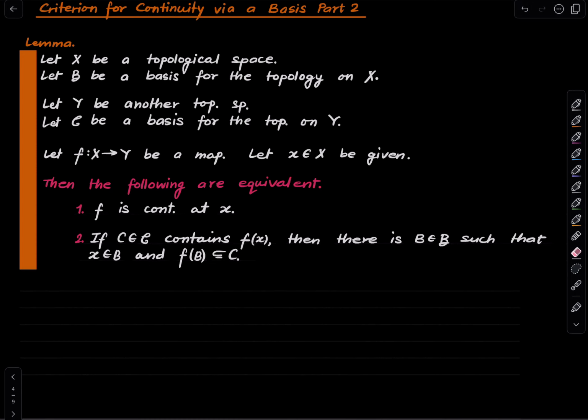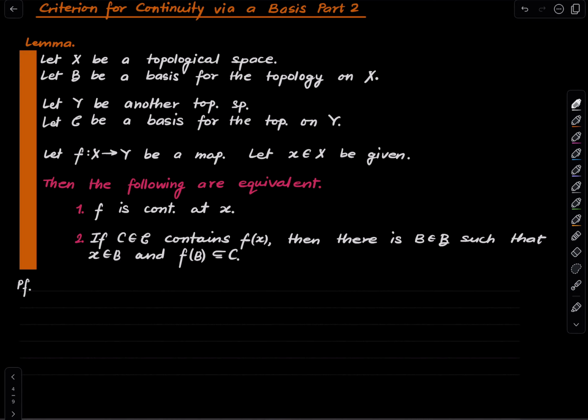It's in a similar spirit as the previous lemma. In the previous lemma, we did not have any basis on Y or anything. This time we also have a basis on Y, so this is a natural version of the previous statement. All right, so let's get proving.